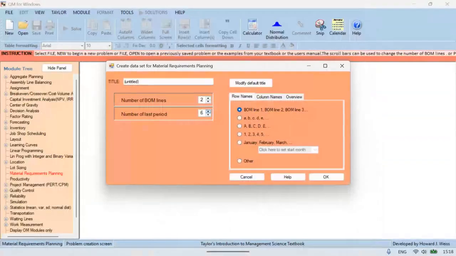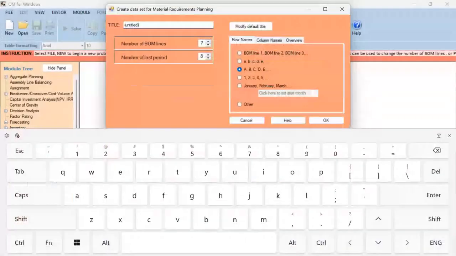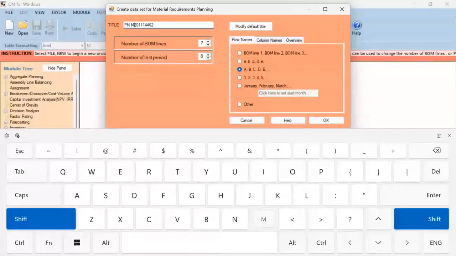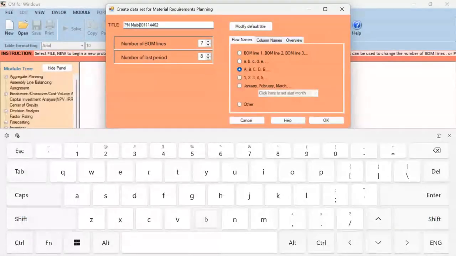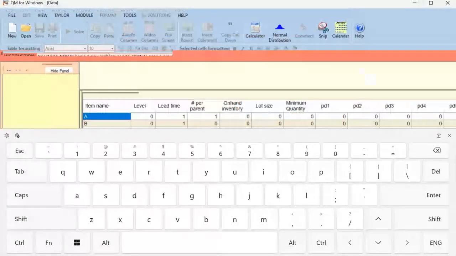So 8 products, 7 bill of materials lines. We're going to use A, B, C, and D, and you write your name there.